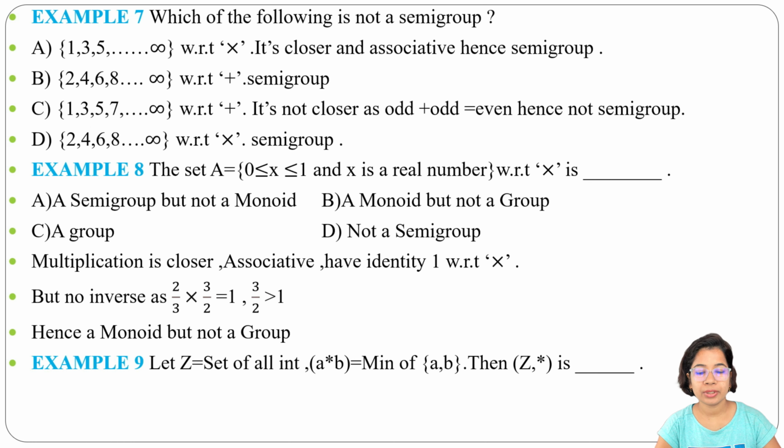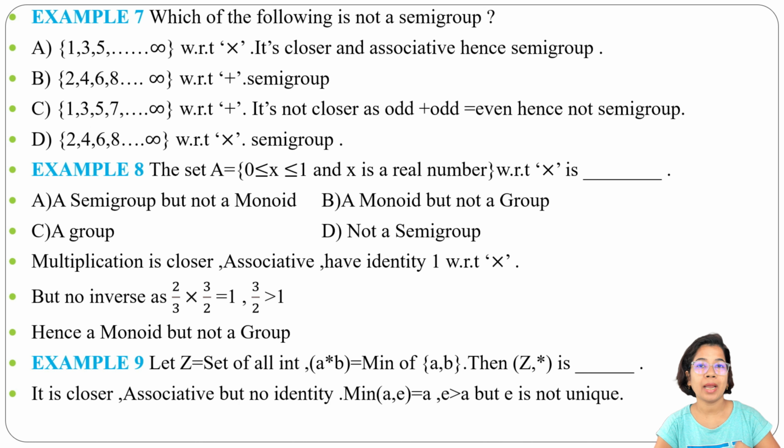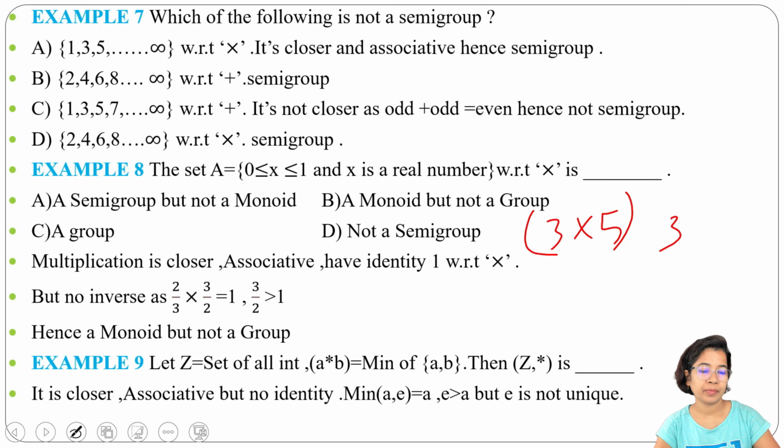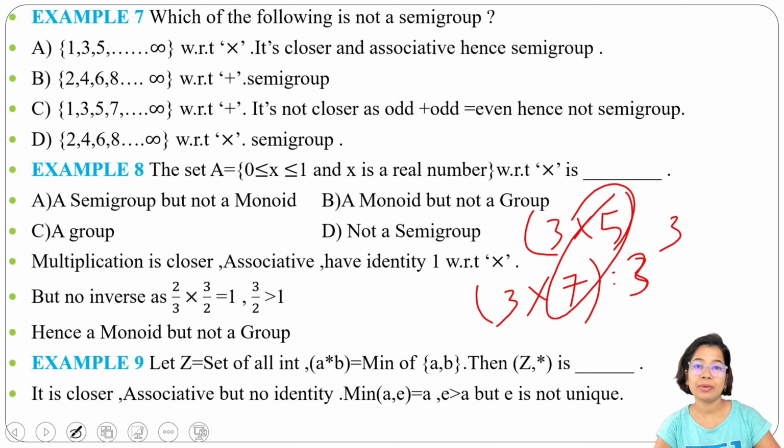It is closure as Z contains the set of all integers. Also it is associative. Now check the identity. Suppose 3 star 5. Then the minimum is 3. Then 3 star 7. The minimum is 3. So if you are taking any larger number, you are getting the minimum as the same number. But is this unique?